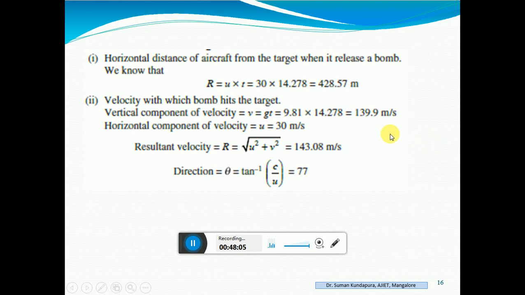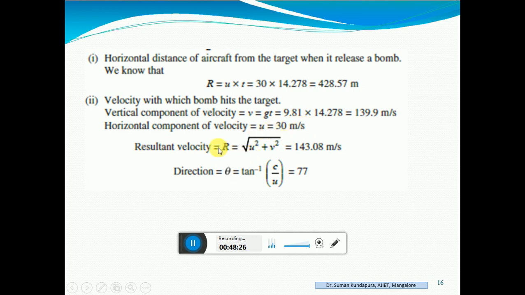So v is 9.81 into t, and you will get 139.9 meters per second, the vertical component of velocity. The horizontal component of velocity is fixed, given as 30 meters per second.